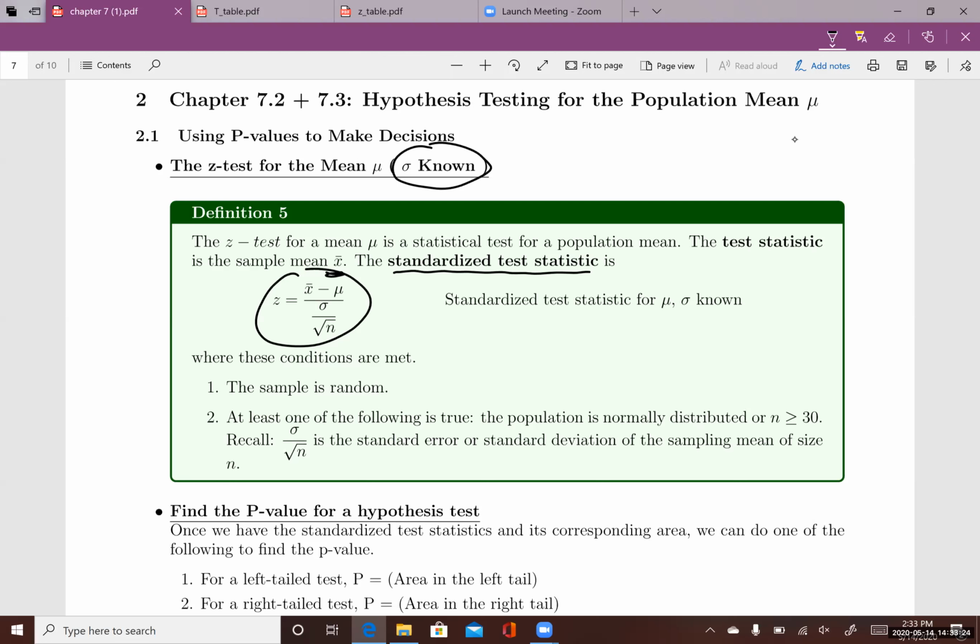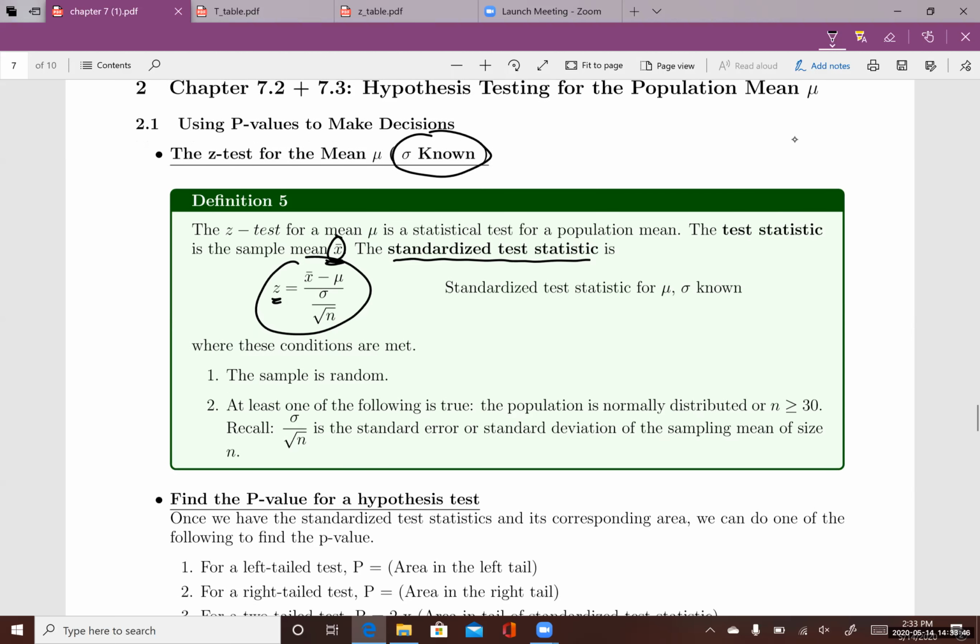Again, z here is a standardized test statistic, and the test statistic that we're using is the sample mean x bar that we get from a random sample that you're collecting from the population. And keep in mind that you can use a z-test when the following conditions are satisfied. First condition is the sample has to be random.